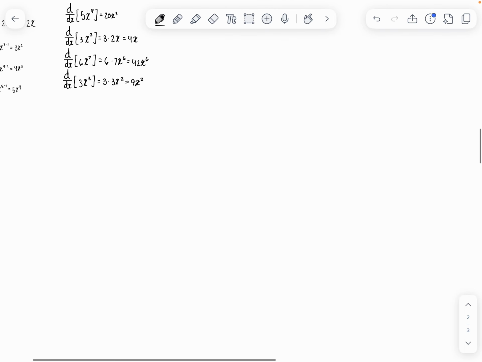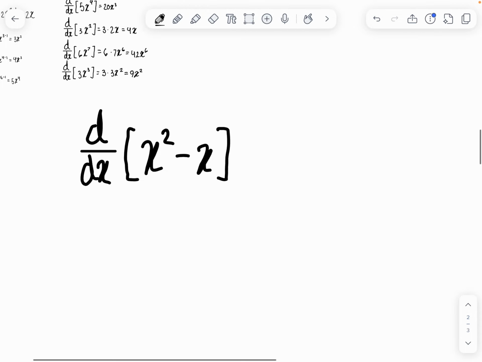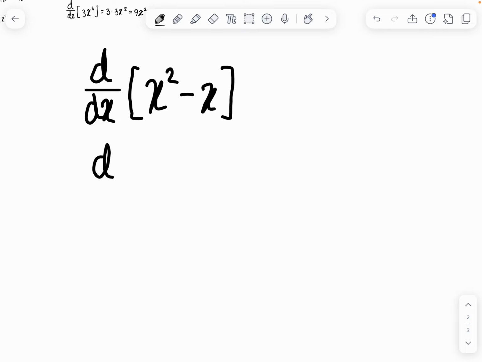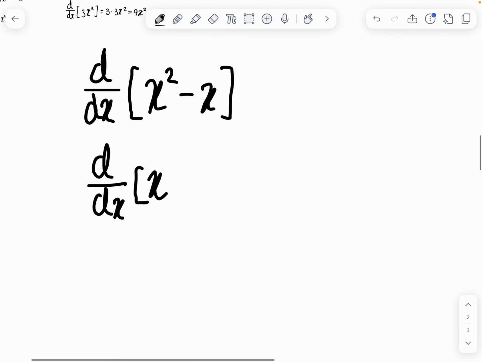Let's do the derivative of something simple. x squared minus x. So, we need to find the derivative of each thing. So first, let's find the derivative of x squared.